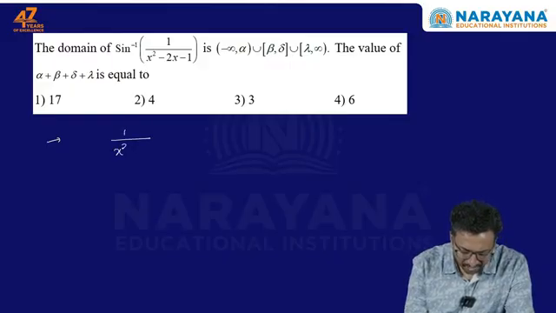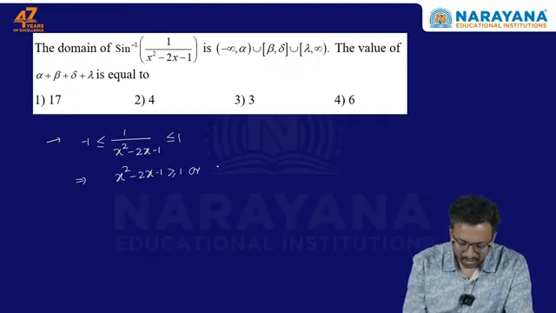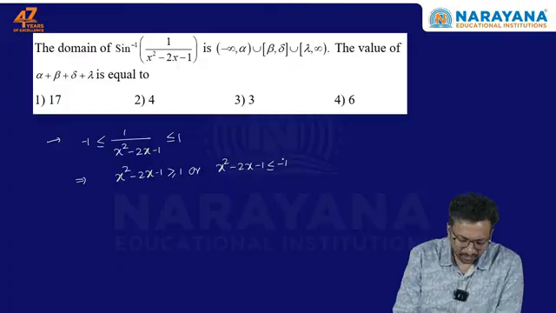1 by x square minus 2x minus 1 should be between minus 1 and plus 1. So this implies x square minus 2x minus 1 should be either greater than or equal to 1 or less than or equal to minus 1 when you reciprocate them.